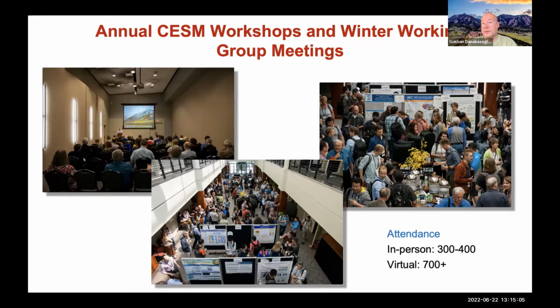Model development efforts that have buy-in from the community get prioritized and start to get implemented. Of course, funding issues aside, and we also need to allocate the proper personnel for that effort, they start to get done during those winter working group meetings.